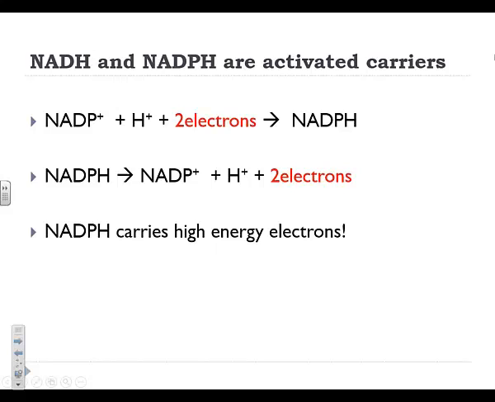It's going to be the reduced form. So remember the reduced is gaining electrons. So that is the high energy. It happens that these electrons that it gains are high energy electrons, and that NADPH is ready to give up its electrons to facilitate unfavorable reactions.